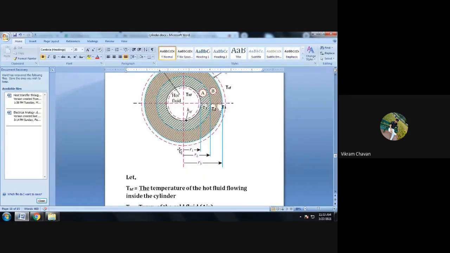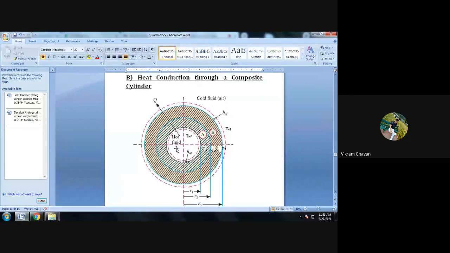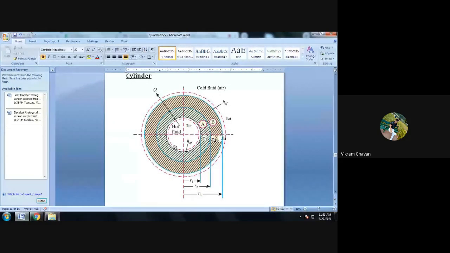Now, please draw this particular diagram. Everyone, draw this diagram: the composite cylinder diagram.